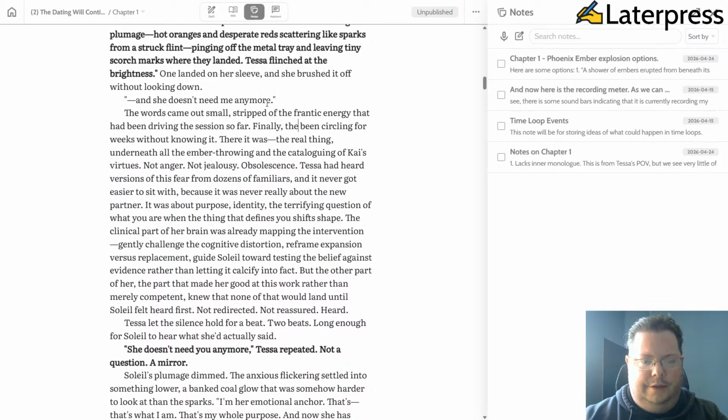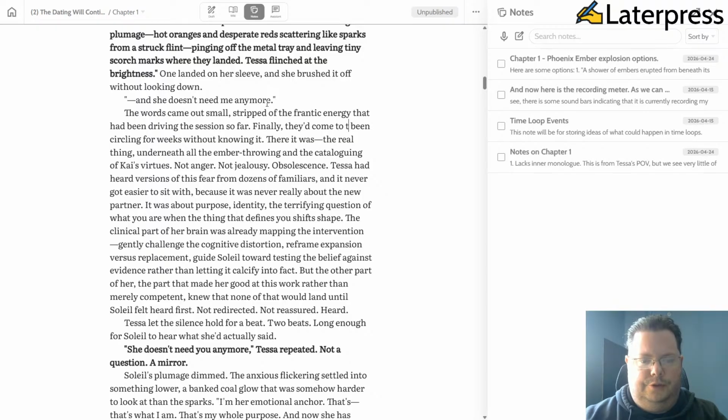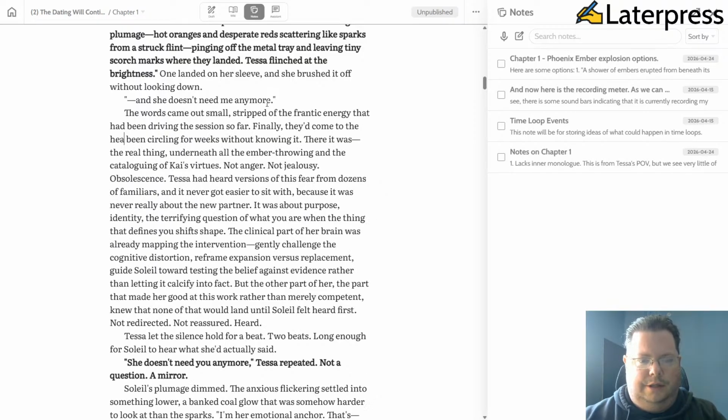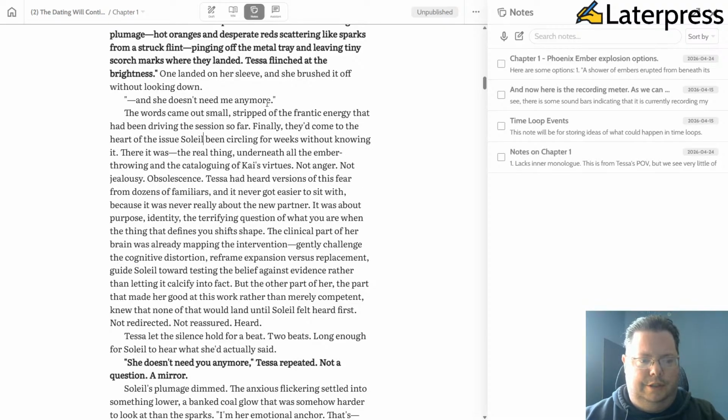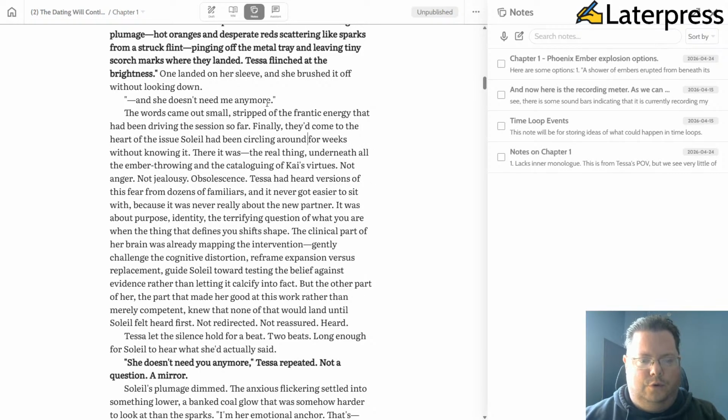Finally, they'd come to the heart of the issue Salil had been circling around for weeks.